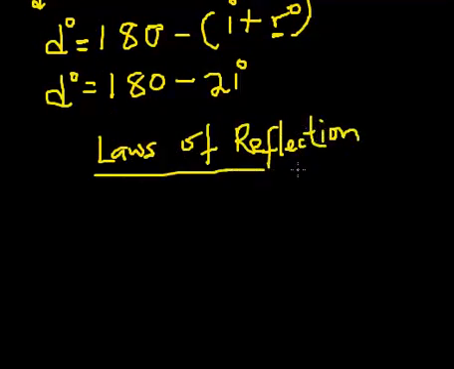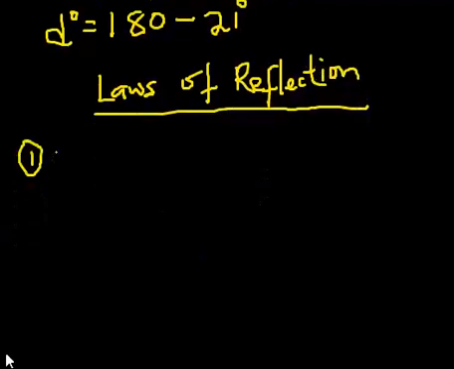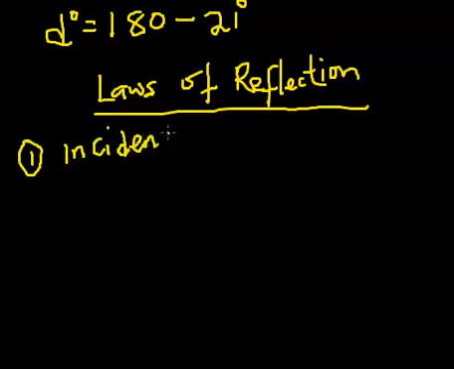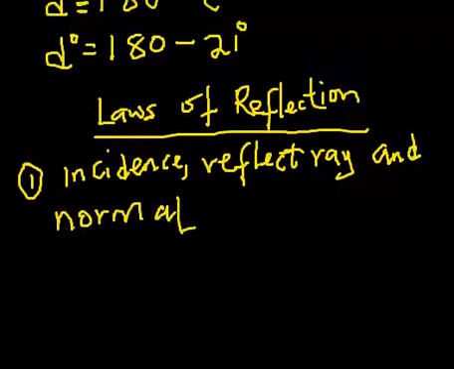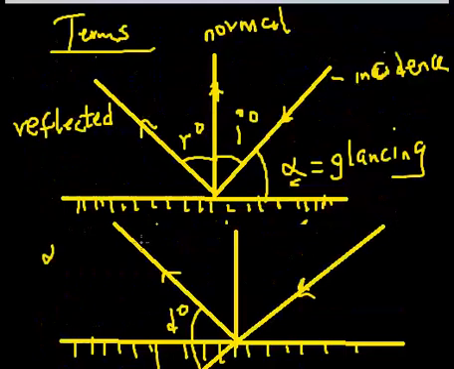Number one. There are two laws of reflection. Number one states that the incident ray, the reflected ray, and the normal, all these lines, they all lie on the same plane.